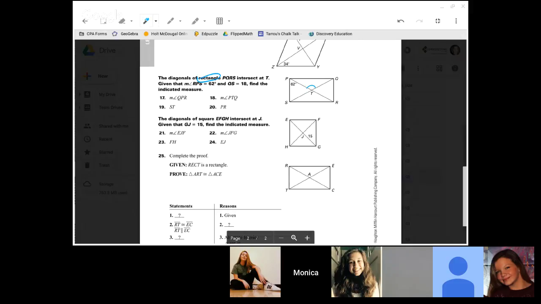Okay, what is it? Okay, so since that's 28, now we know that the diagonals are congruent. So we know this is congruent to that, right?